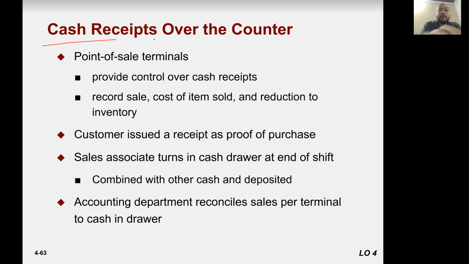Now, cash receipts over the counter, how can we handle that? When you are receiving the cash, how can you do that? Number one, you need to install a point of sale. You go to Metro or Carrefour or the big superstores, they have some kind of barcode scanner, right? When they use the barcode scanner and receive the cash, they enter it and the tray comes out.